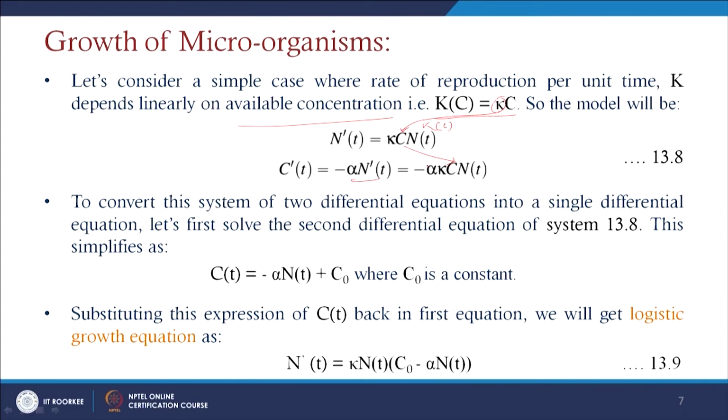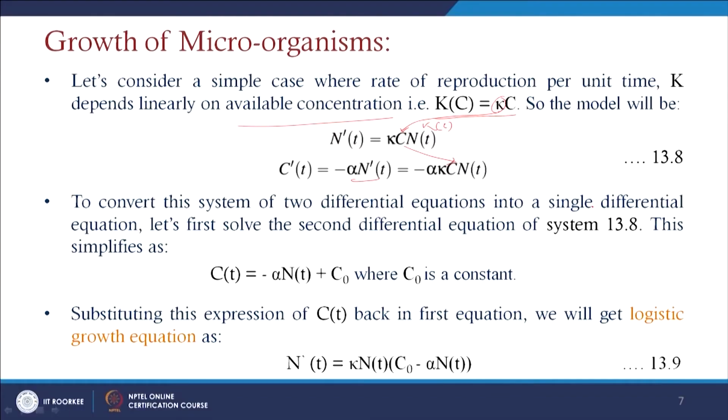To convert this system of two differential equations into a single differential equation, we can find the solution from the second equation and put it in the first equation. In this simplified case, if you integrate the equation C'(t) equals minus alpha n'(t), since minus alpha is a constant, we find C(t) equals minus alpha n(t) plus a proportionality constant C0.